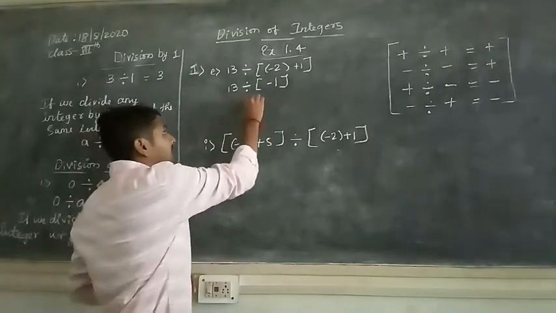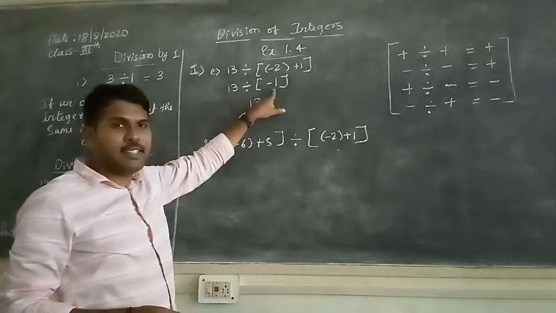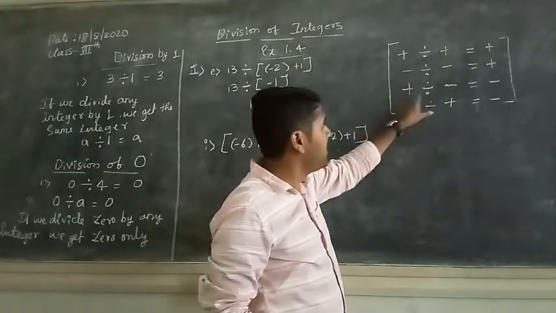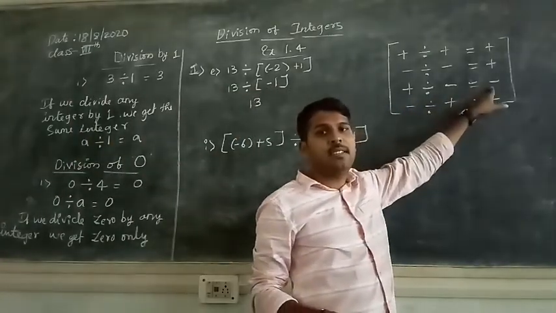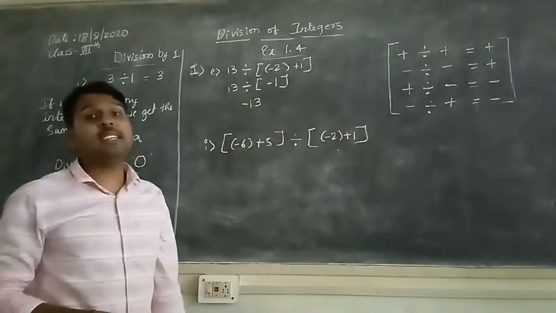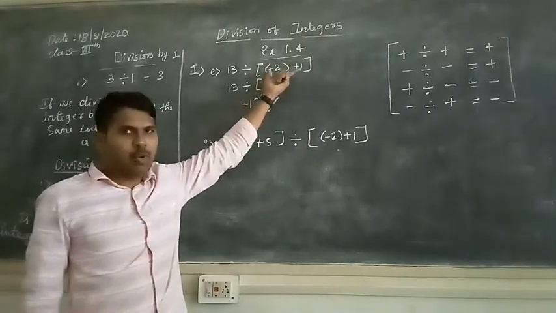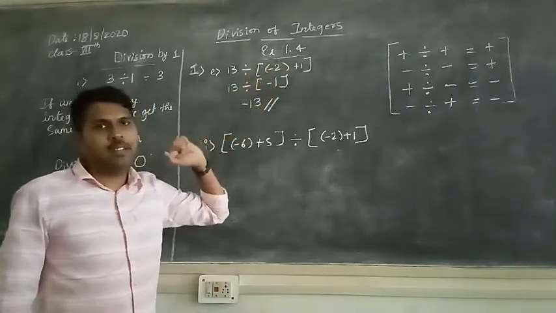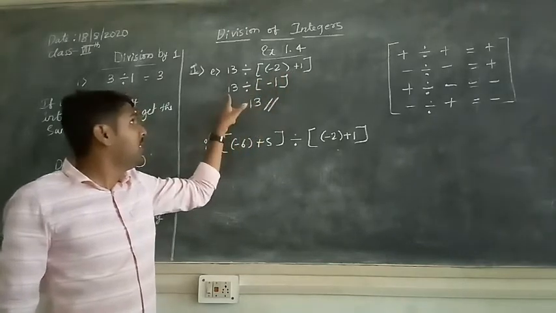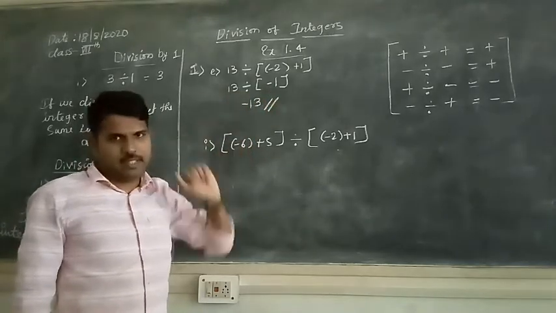That is 13 only. Here plus is there, here minus is there. Plus divided by minus gives the answer minus, no? So the final answer is minus 13. So first we have to solve the bracket problem, after that divide. Just simple. Minus 2 plus 1 is minus 1, 13 divided by 1 is 13, plus divided by minus is minus.